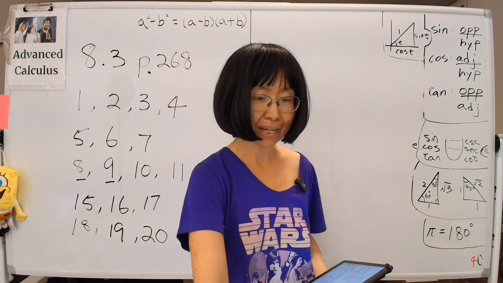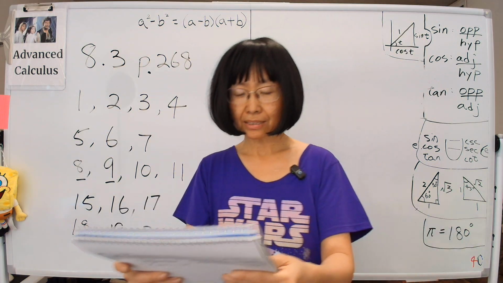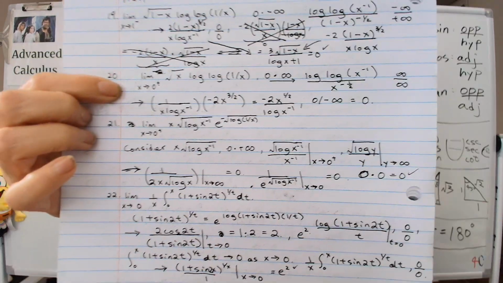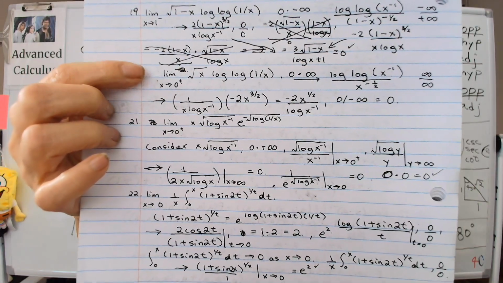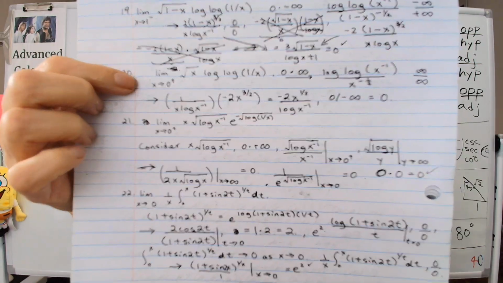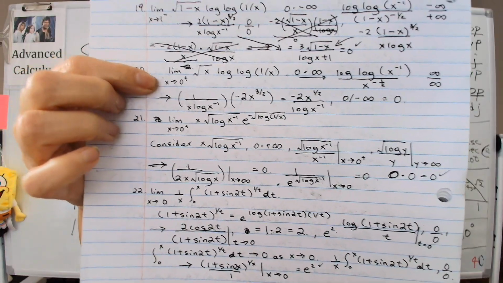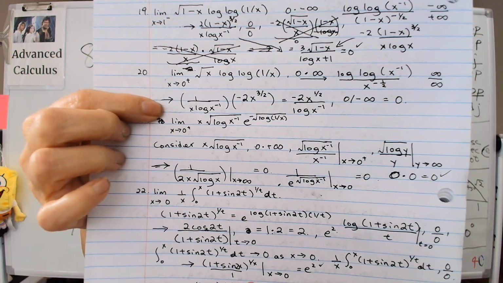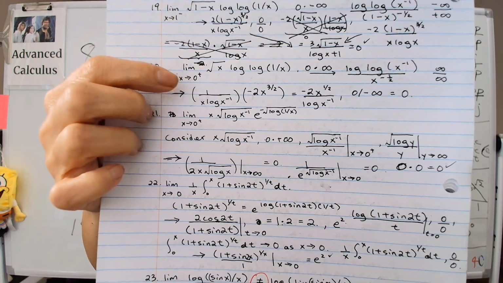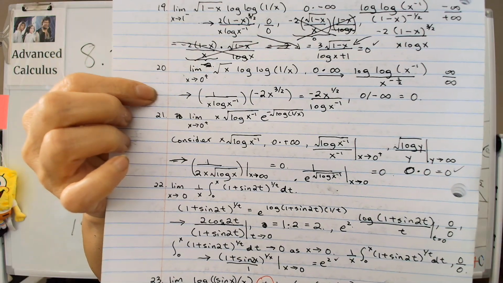So that's problem 19. Next, let's look at problem 20. I don't think there are any tricks in problem 20. It is a 0 times infinity situation, which we turn into an infinity over infinity situation, take the derivative, which quickly became a 0 over infinity situation, and the answer is 0.